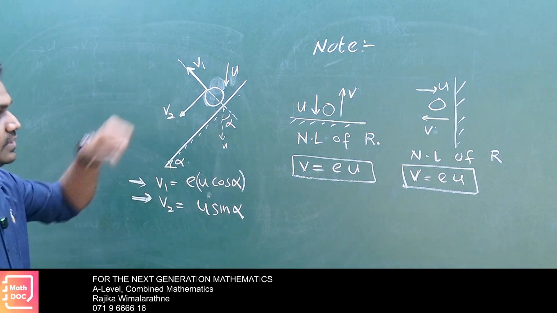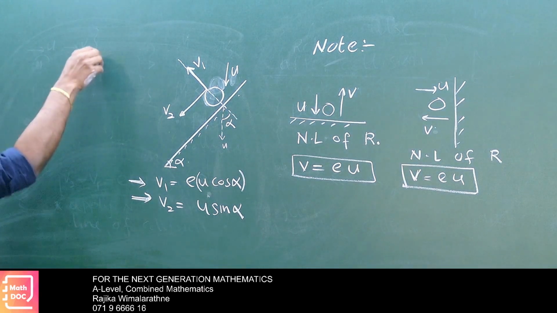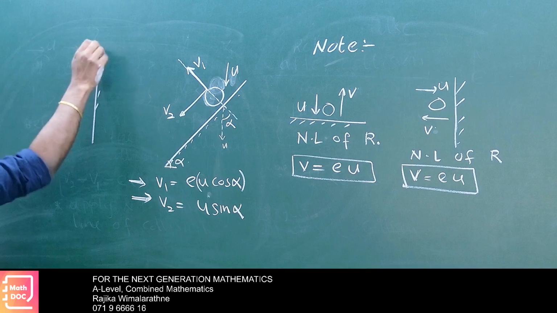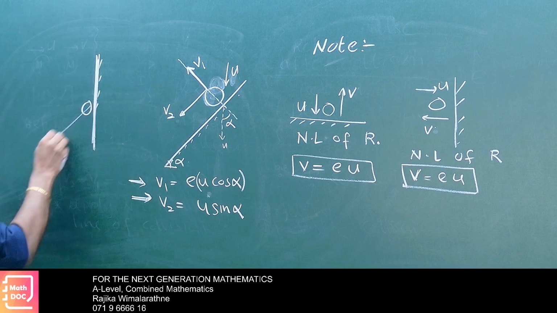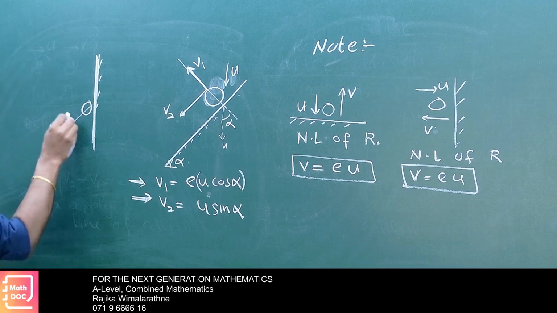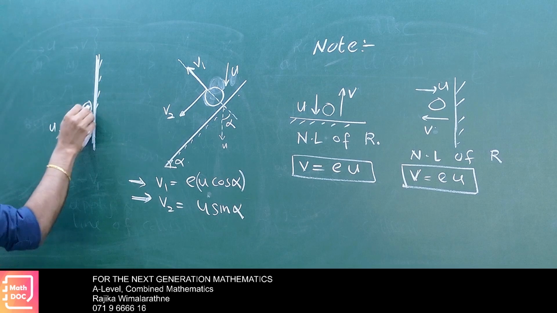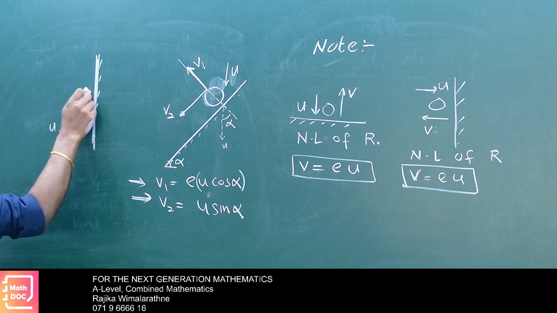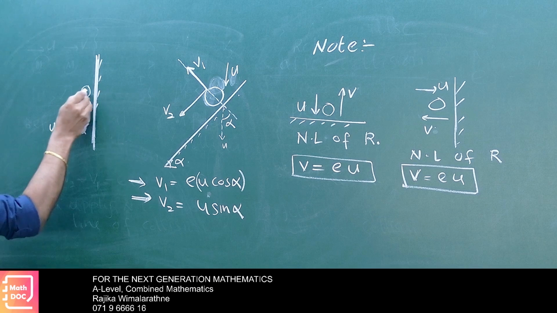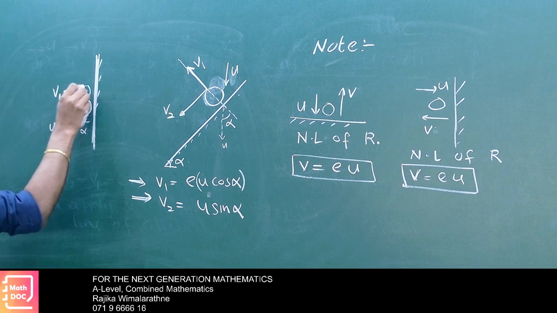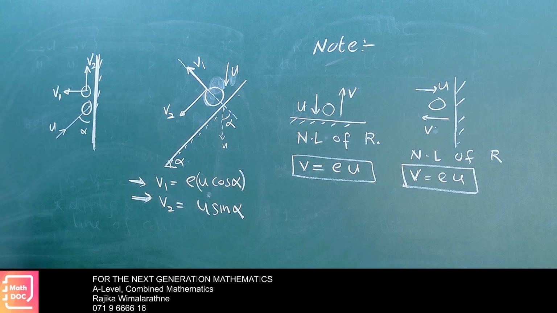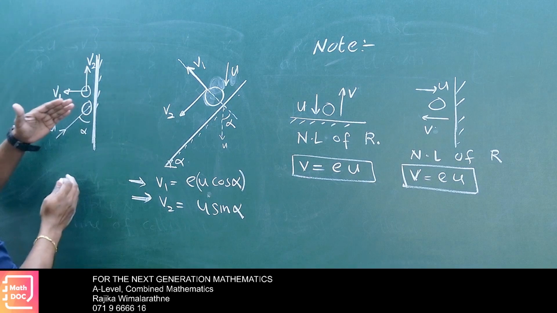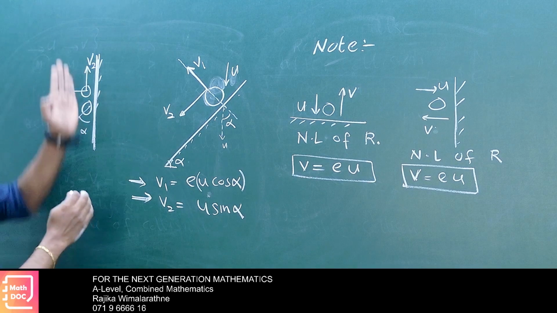Okay, and now consider a vertical wall. Here the velocity u is at angle alpha. After collision mark the velocities v1 and v2. Then v2 will be u cos alpha, since there is no collision along that surface.